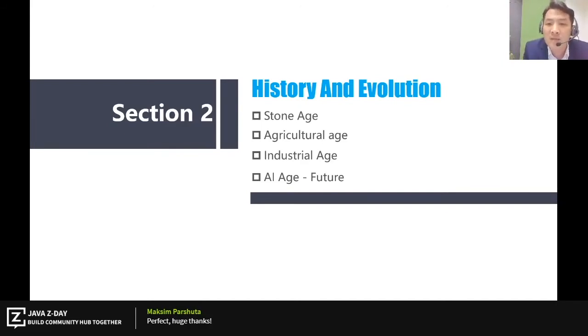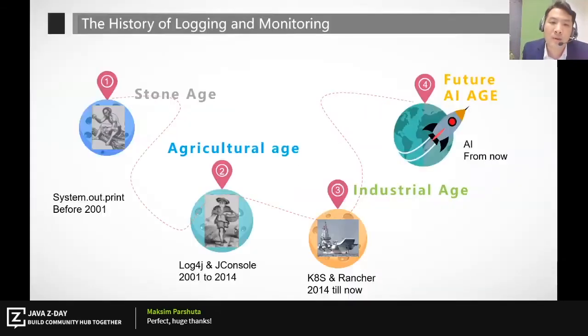History and evolution. I break the history into four ages: Stone Age, Agriculture Age, Industry Age, and AI Age. First, before 2001, I call it the Stone Age.